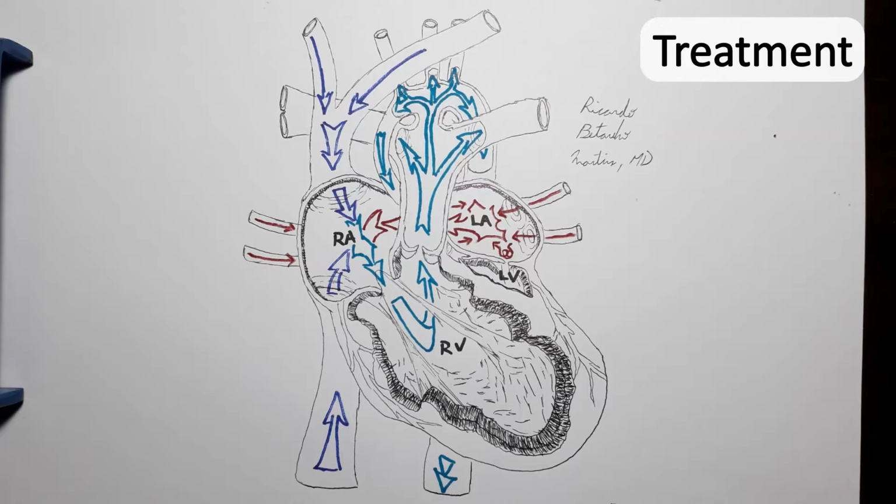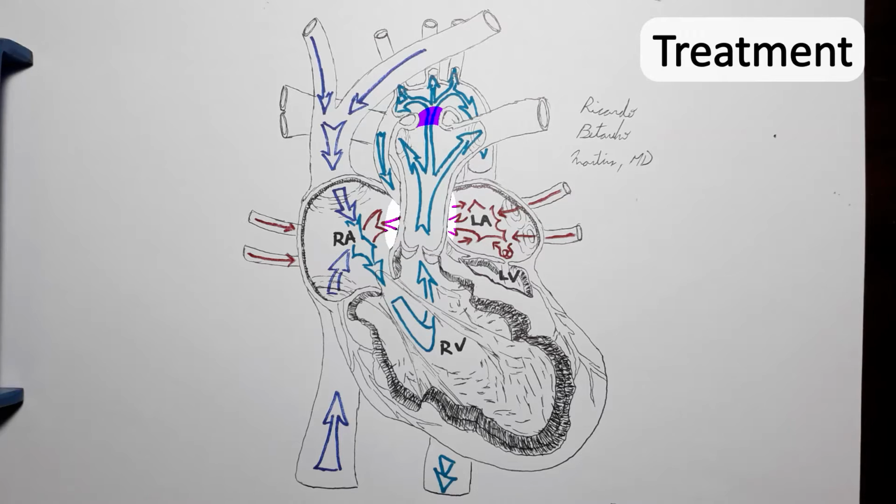Before these procedures can be attempted, however, we need first to keep the child alive. So, we must ensure that the ductus arteriosus and the foramen ovale remain patent, allowing blood to circumvent the left ventricle.